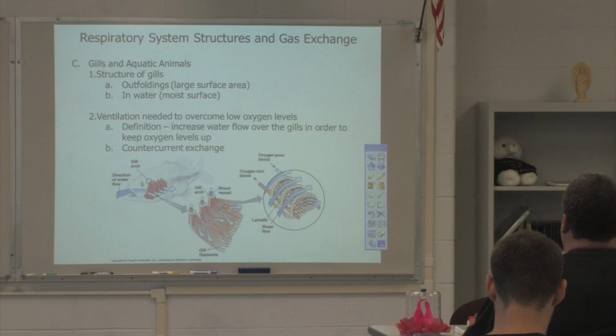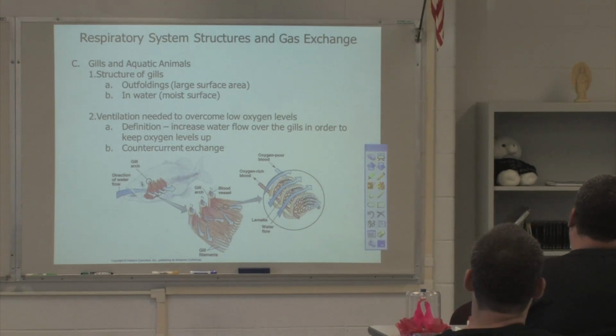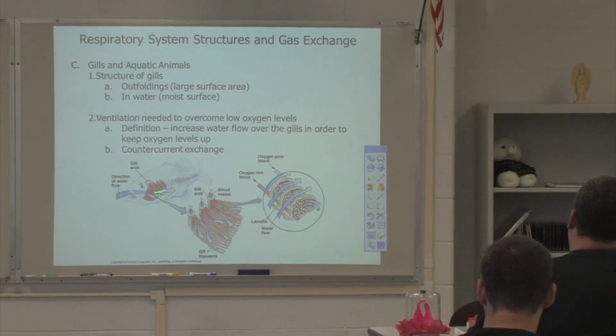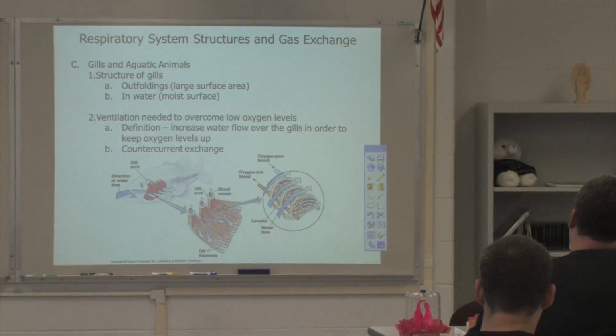Okay. So there's two respiratory surfaces that we're going to talk about. The first is found in aquatic animals, and the respiratory surface being the gills. So if we look at this image of a fish that I am using from the general biology textbook that we use for our students, you can see the gills here.